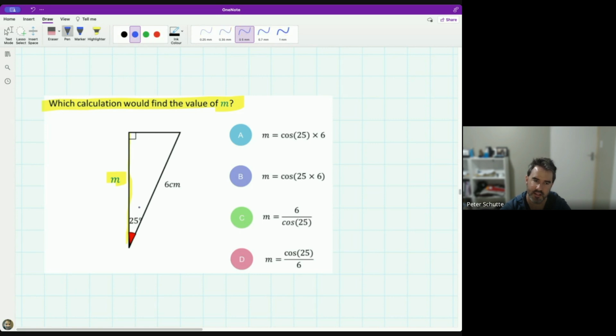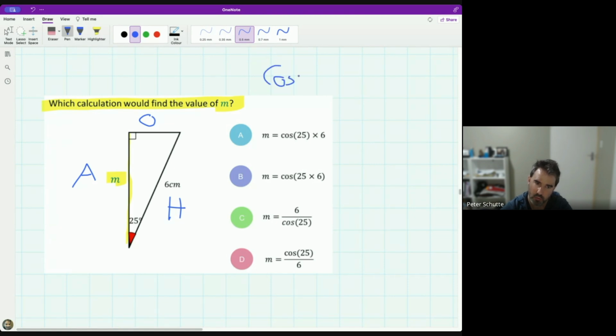I'll give you a little hint. If this is the reference angle, that would be O. This would be H. That would be that. Which one here do you think will match or give me what I want? What trig ratio involves this?